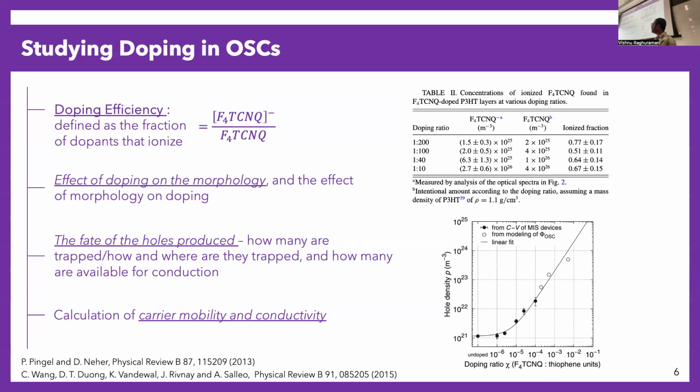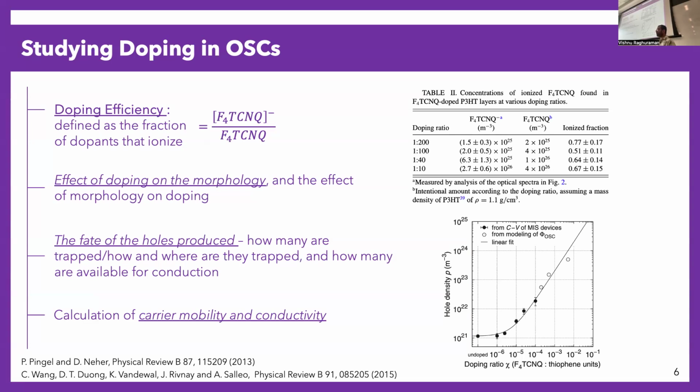Second is the effect of doping on the morphology, and then as a result, the effect of the morphology on the doping. Since these are coupled, they will cyclically affect each other, and capturing that effect is important. The third thing is the fate of the holes produced. So once you dope and you have all these extra carriers, are those carriers actually useful?